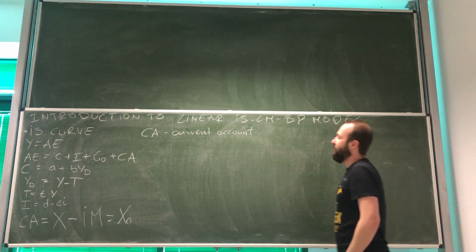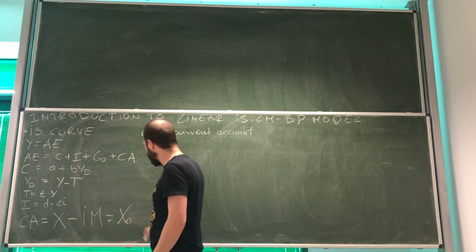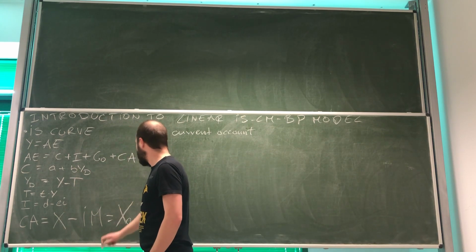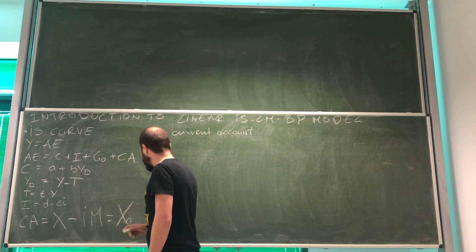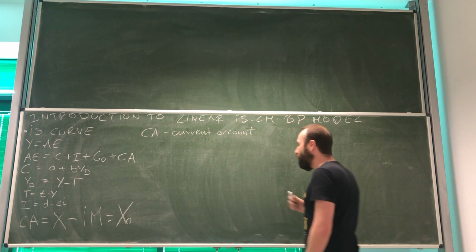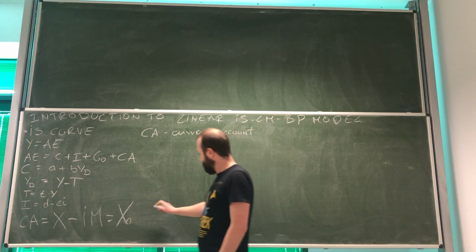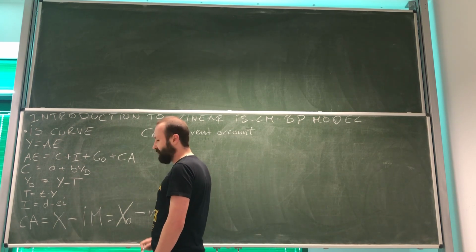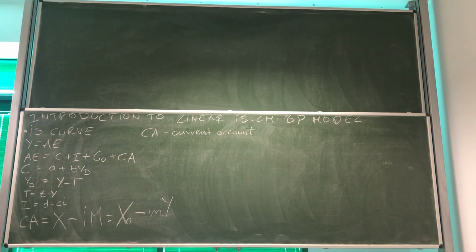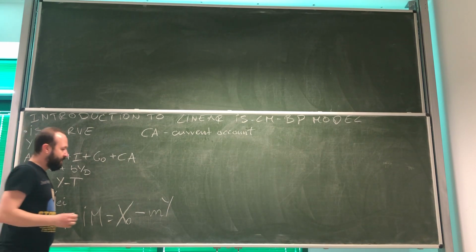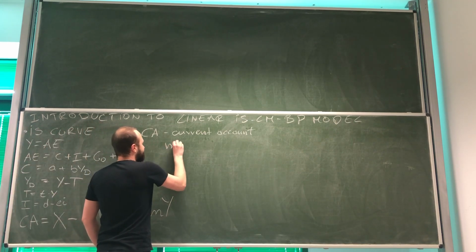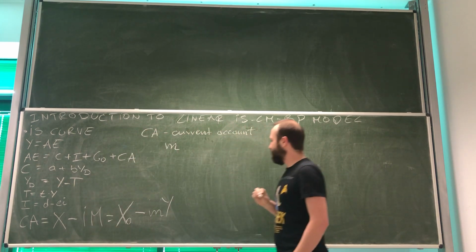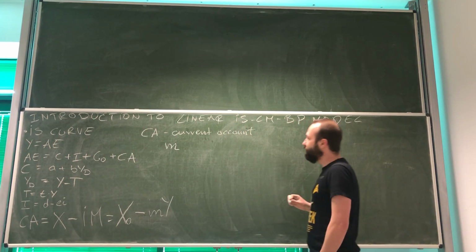We do not have any means to influence it. Then the second thing that we already used is the expression negative m times y. Again, I remind everyone that m is the marginal propensity to import.